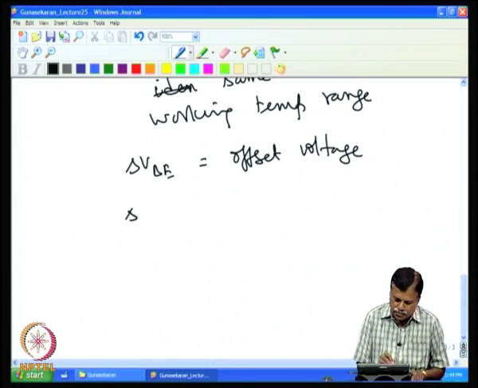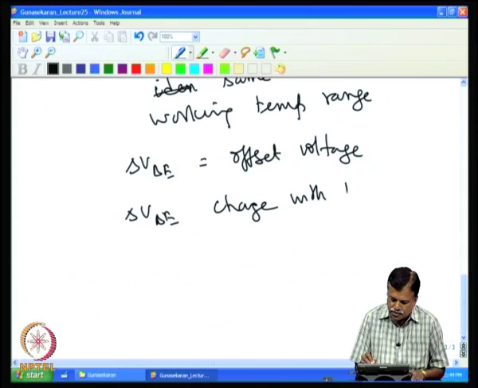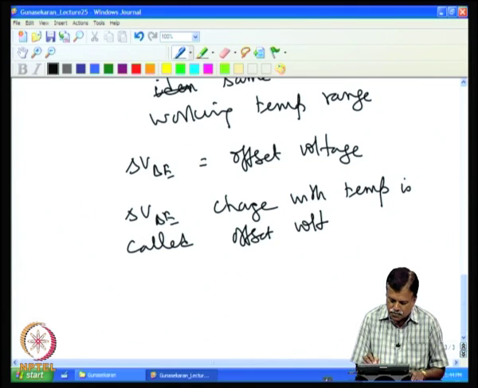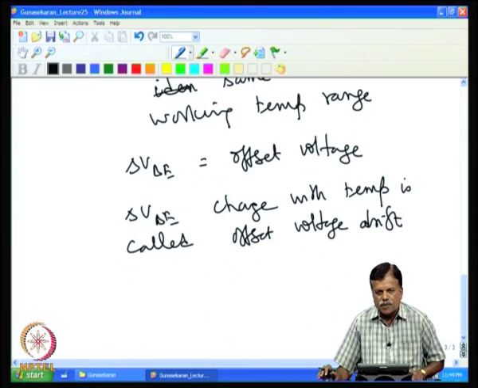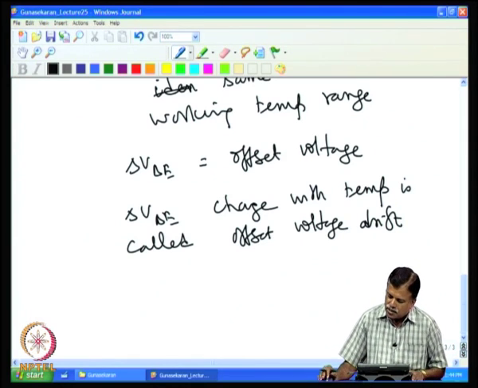Delta VBE change with temperature is called offset voltage drift. Offset voltage drift is very serious, because it cannot normally be compensated without additional circuitry. Offset voltage can be compensated by adding a reverse voltage to the op amp, and that problem can be solved. But if the offset voltage changes with temperature, then the output changes, and that creates a problem.